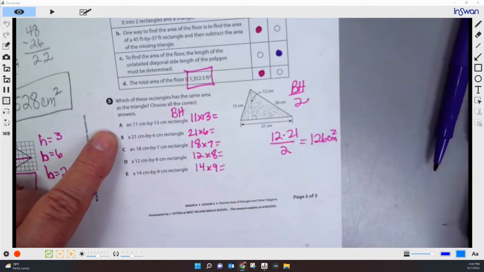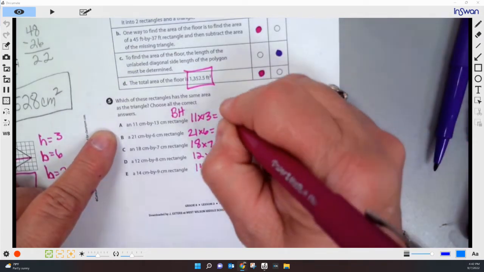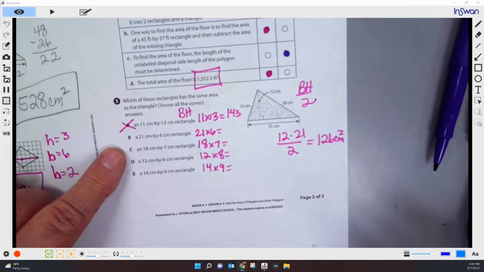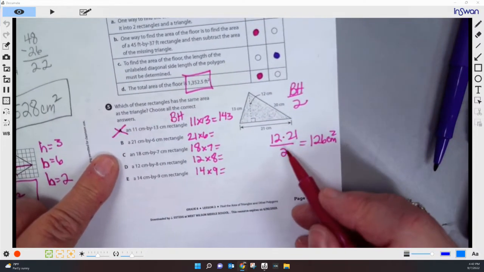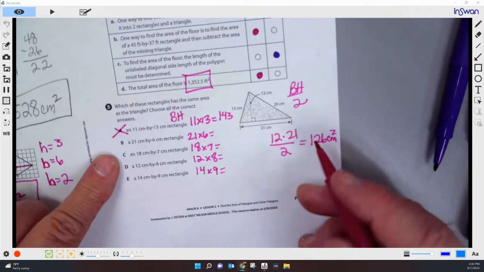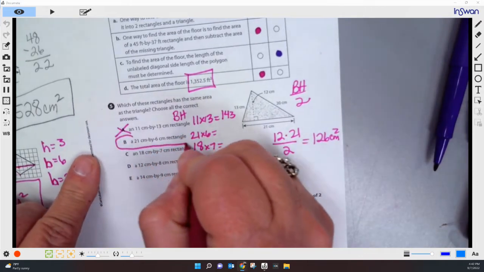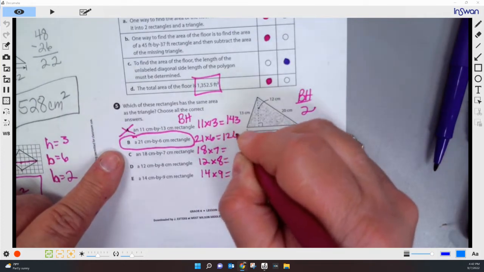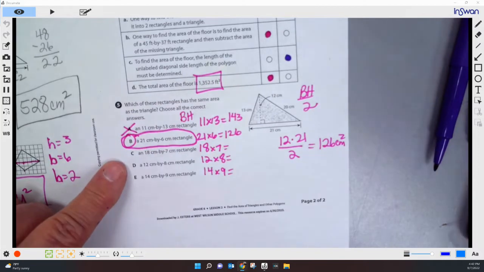All right, 11 times 13 is not 126, it's 143. So it is not. 21 times 6 is going to be the same as if we took half of 12 times 21. So that one would work. 21 times 6 is 126. So B is a yes.